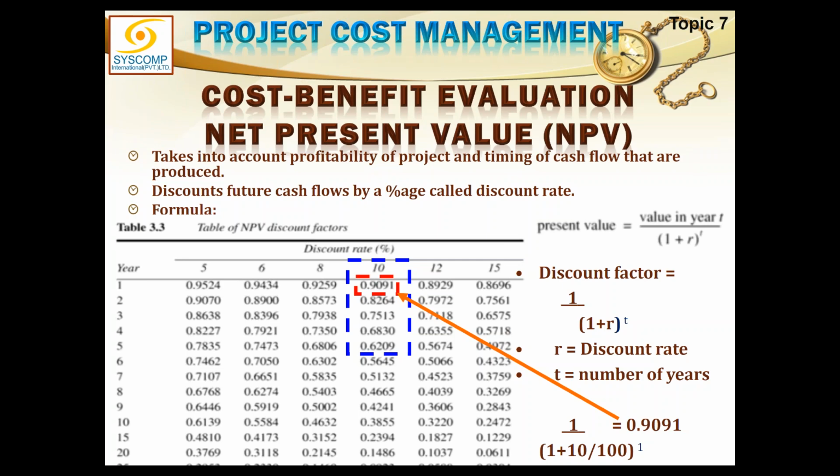That's it. 1 lakh 10,000 into 0.1 is 11,000. So what was lying in the bank? 1 lakh 10,000.